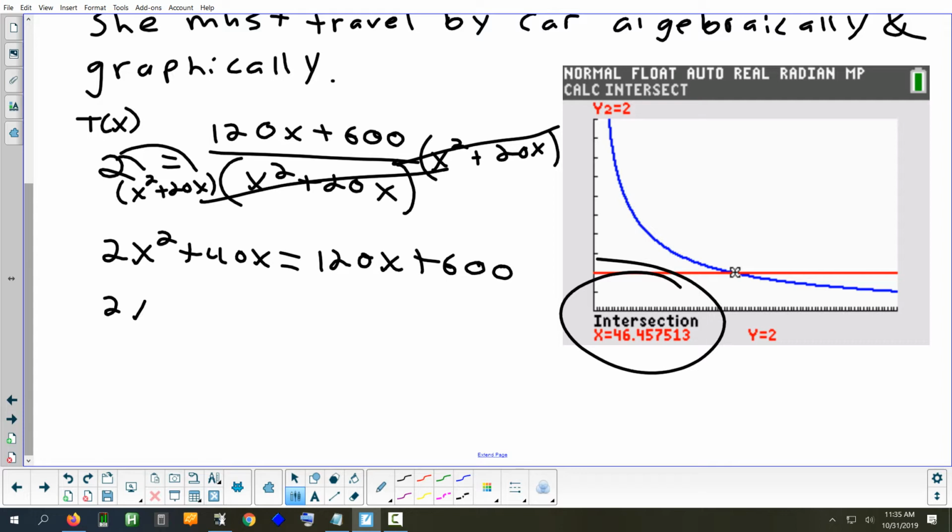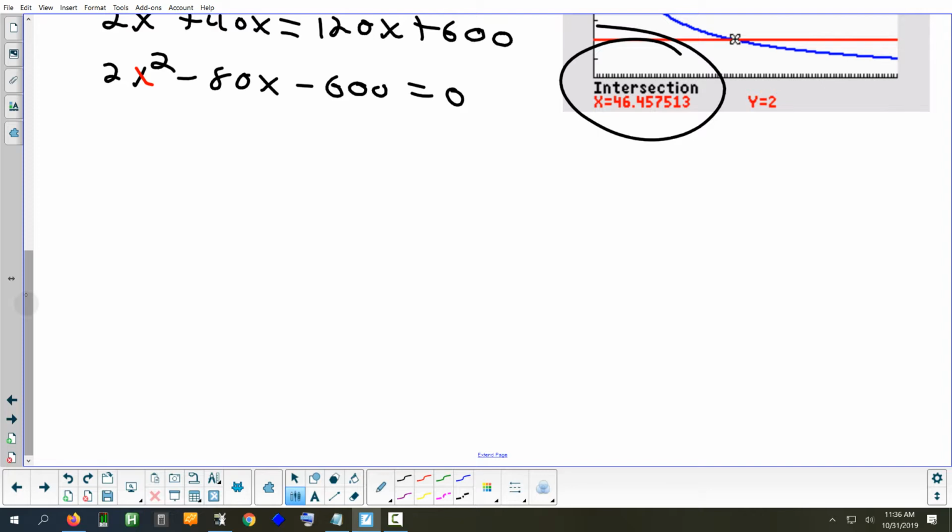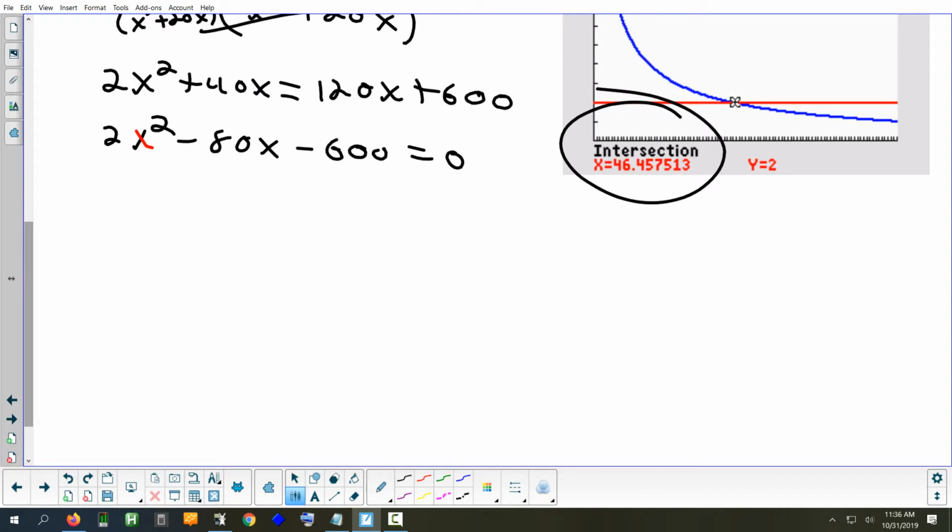So we're going to have 2x squared minus 120x and minus the 600. 40 minus 120 is negative 80. Now, there's something I could do to this quadratic to make all the numbers a little smaller. What could I do there? Yeah. Factor or divide everything by 2. I mean, it doesn't make them that much smaller, but a little bit.